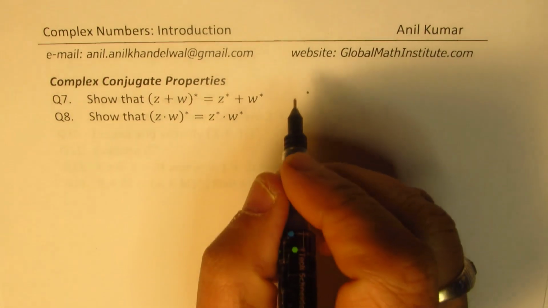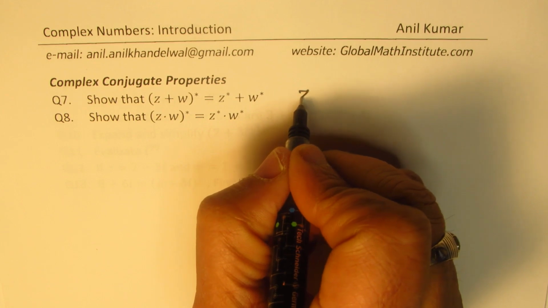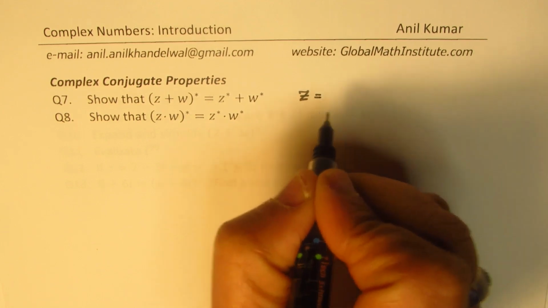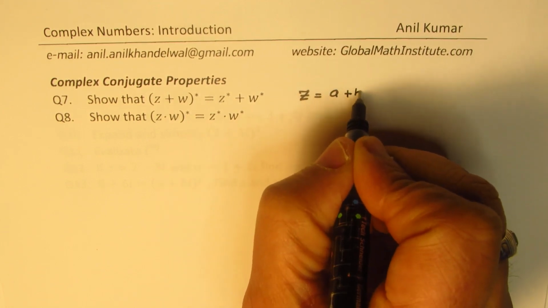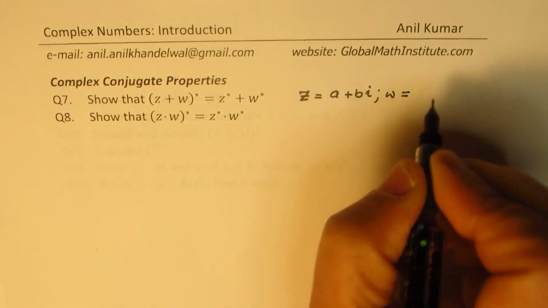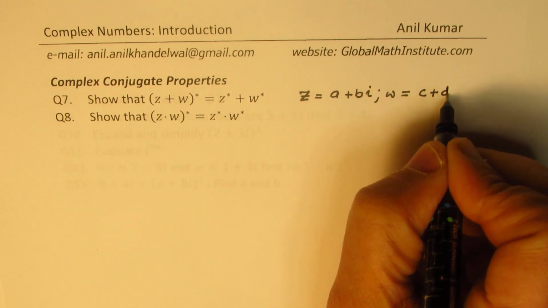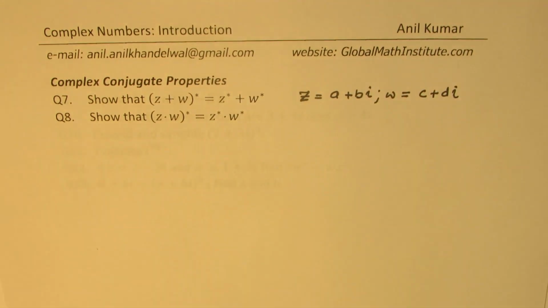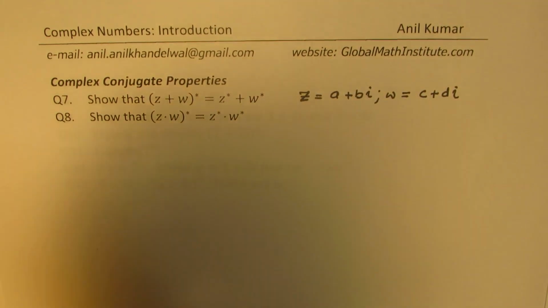To prove this, we'll take two complex numbers, z as a plus bi and w as c plus di, right? We'll use these two complex numbers to explore.